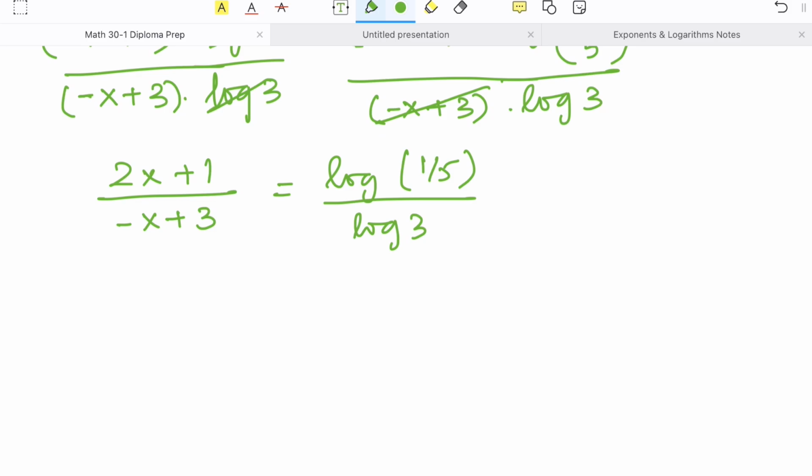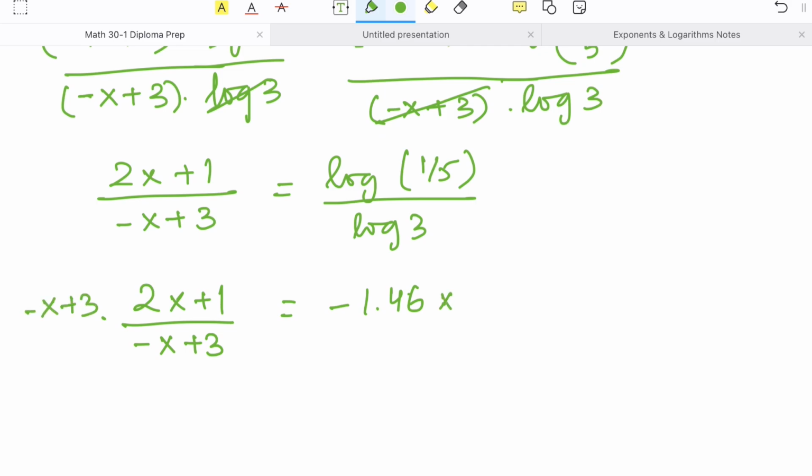Let's check. It is going to be negative 1.46. And now we have 2x plus 1 and negative x plus 3. So we're going to multiply both sides by this. Negative x plus 3 cancels out.